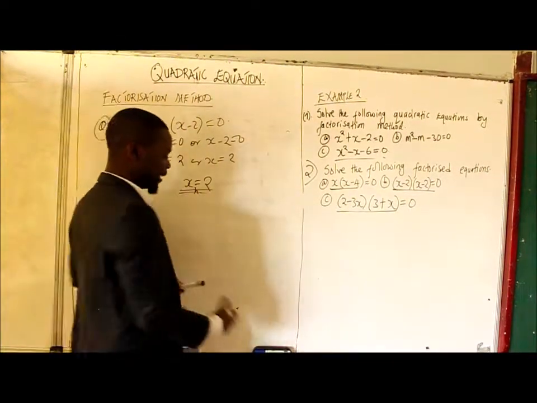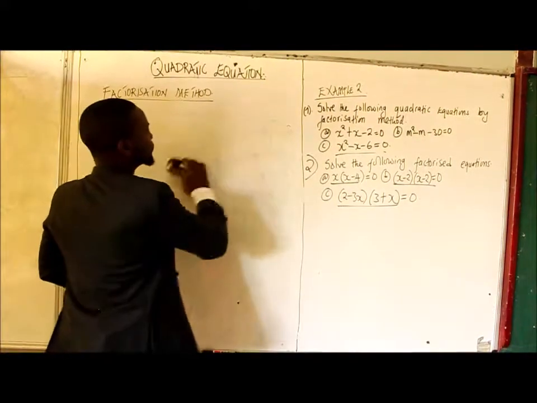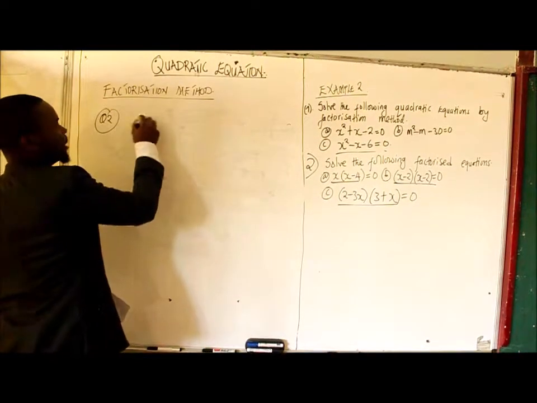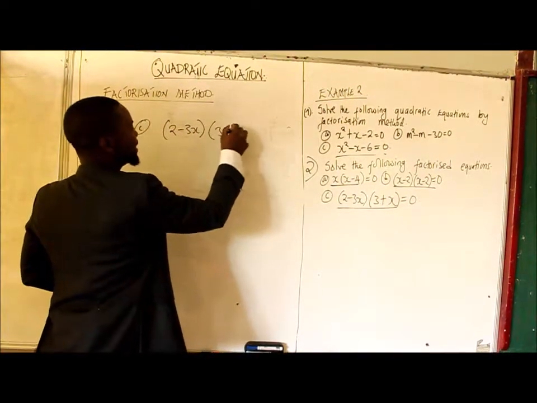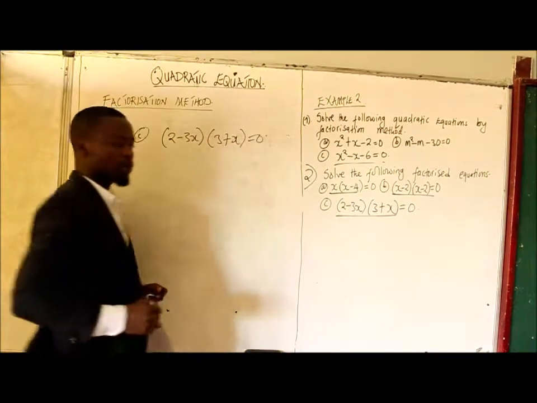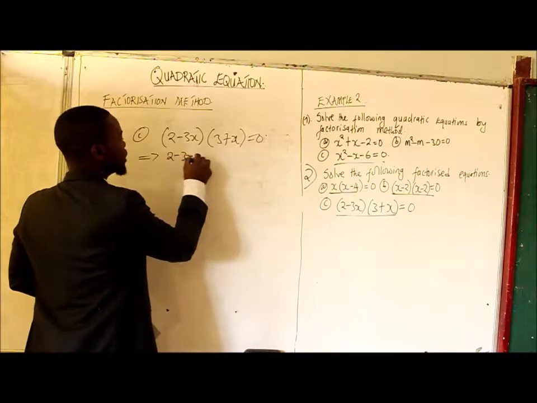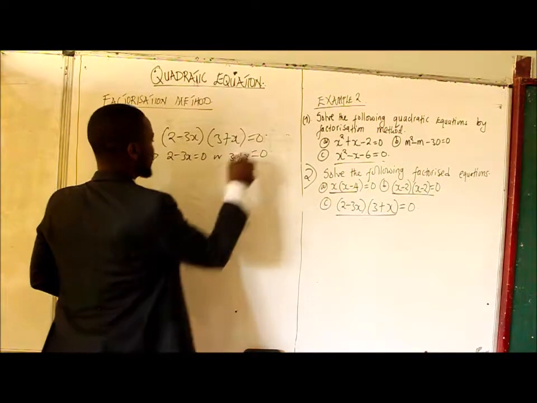Let's go to C. We have got 2 minus 3x times 3 plus x is equal to 0. We use the product rule, of course. So we have got 2 minus 3x is equal to 0, or 3 plus x is equal to 0.